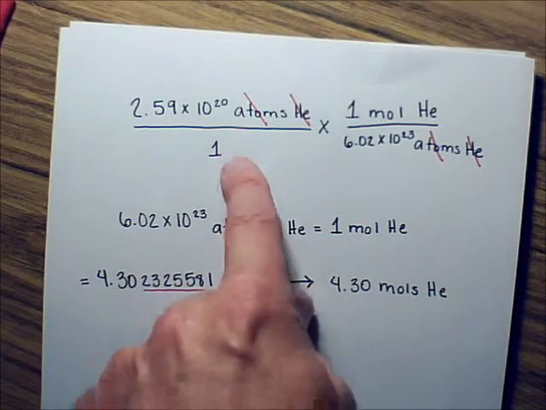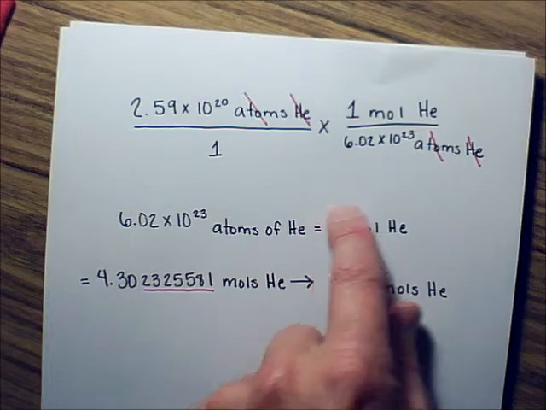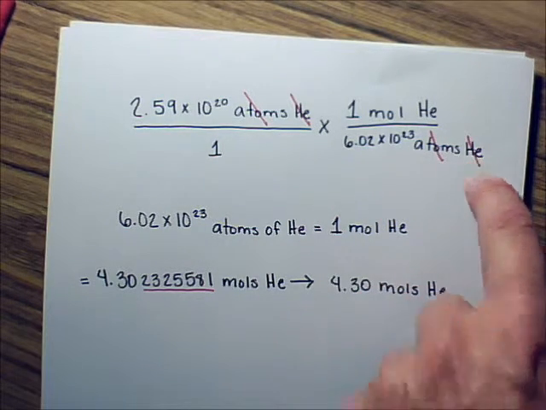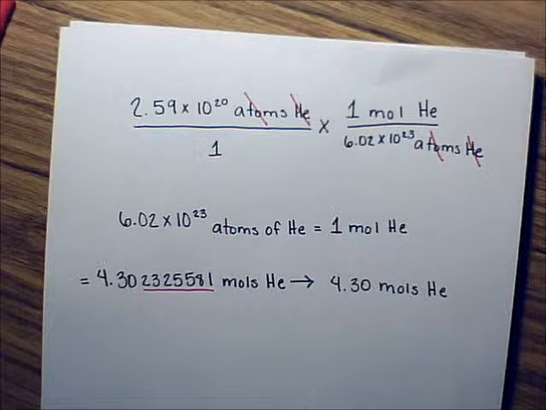So the side here that has atoms of helium, that goes on the bottom here. Okay? You will be able to set up your conversion units properly. You need to understand where it comes from and why we do it that way. So there are lots of conversion units in this unit of instruction. This is just the first one. If you do equality statements every time, you should be able to set up these conversions properly.